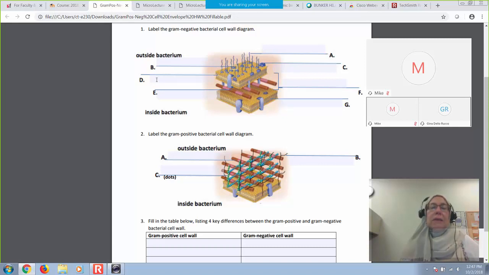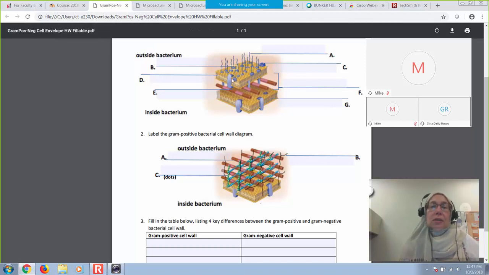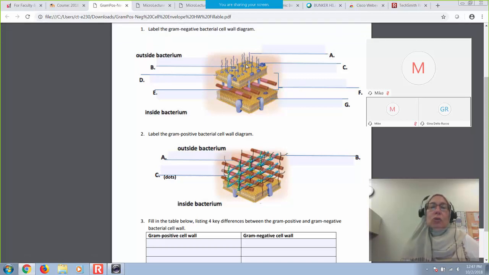Part D is the lipid bilayer outside of the cell membrane, so that's the outer membrane. This bracket shows the space in between the outer membrane and the inner membrane, and that space is called the periplasm.